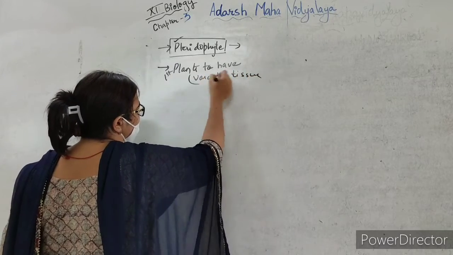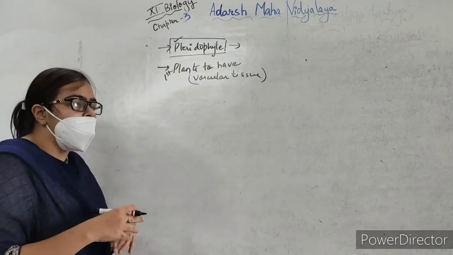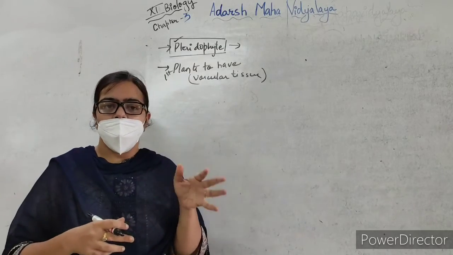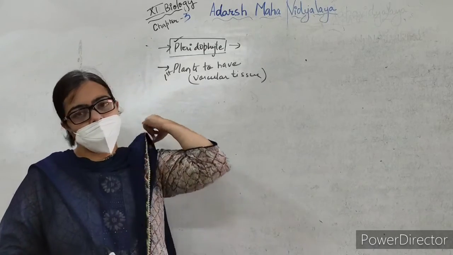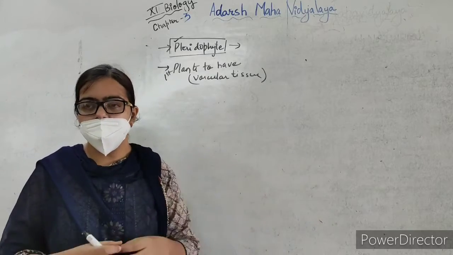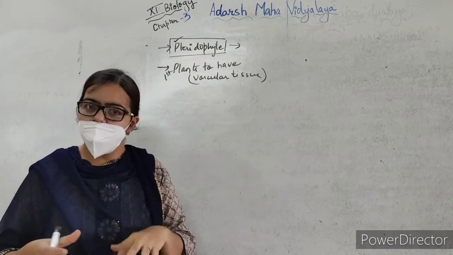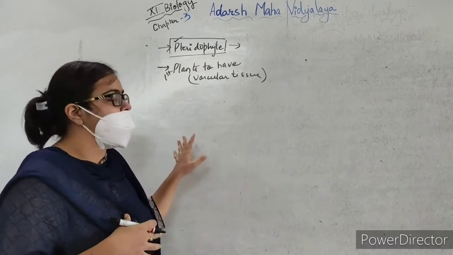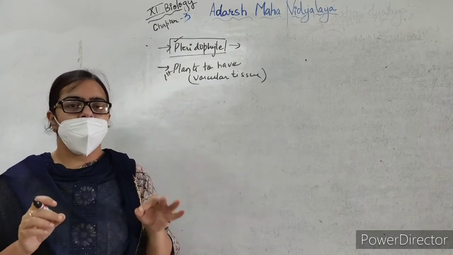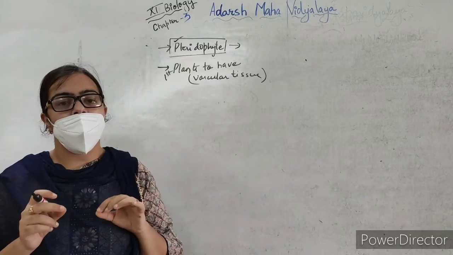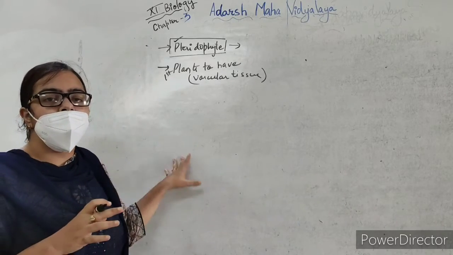This is the common point. We'll discuss which particular tissue is there, like xylem and phloem, which are the basic vascular tissues. Which component is in the xylem and which is in the phloem, we'll see in the slides. You just have to remember that they are the first terrestrial plants which possess vascular tissues.